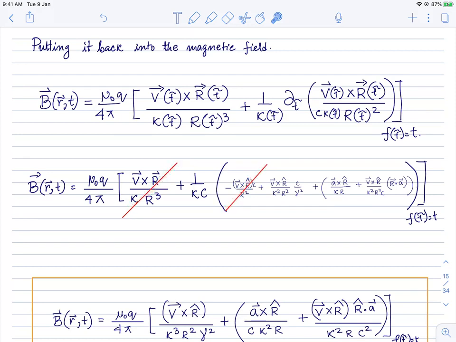If you like, this is somewhat similar to the Biot-Savart law that you had. This is the term that cancels out, and it is replaced by this object here, which has the factor of gamma square.